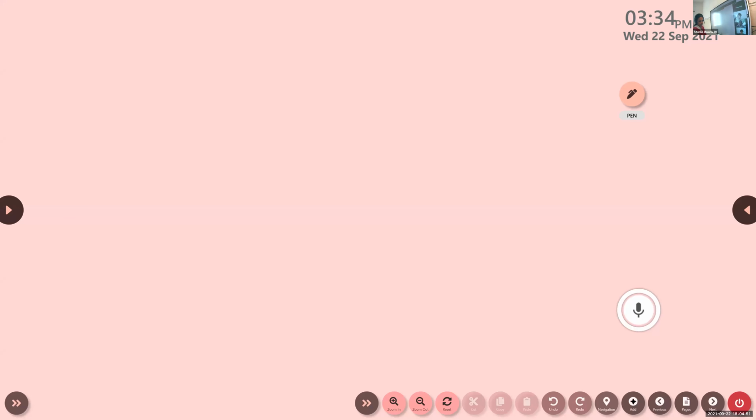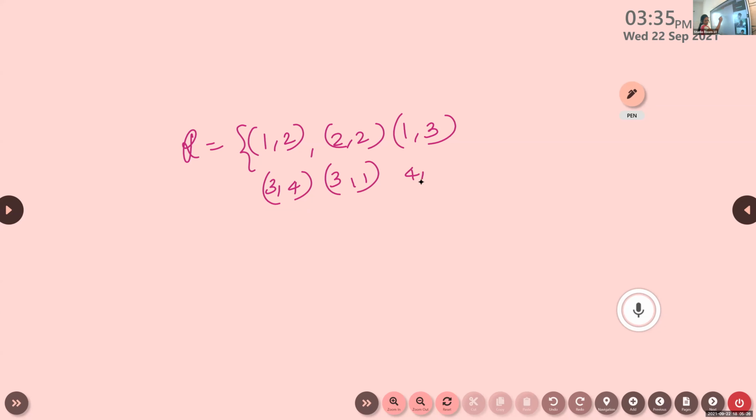Write the next one. R is equal to the set {(1,2), (2,2), (1,3), (3,4), (3,1), (4,3), (5,5)}. First option, R is symmetric.